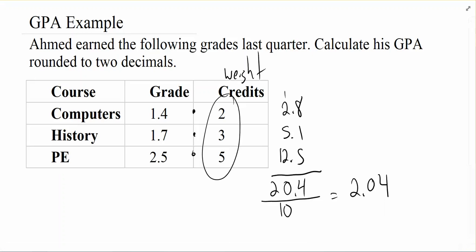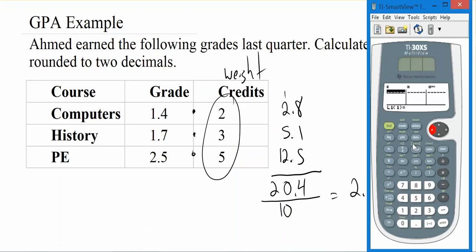Now, if you remember, we said that we can do this in the calculator for weighted averages as well. So let's bring the calculator up, and if we click on the data button, then we can start typing in the first column 1.4, 1.7, and 2.5. Then we can arrow over to the second column where we have 2, 3, and 5.